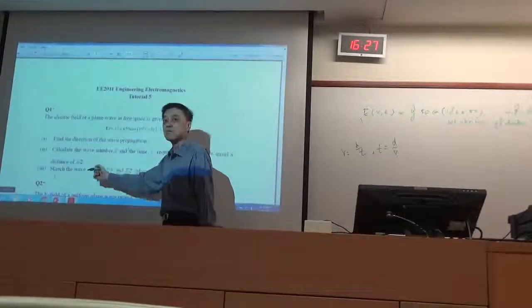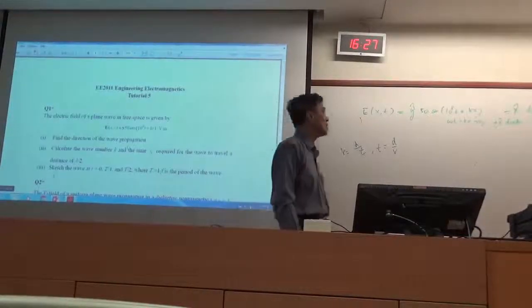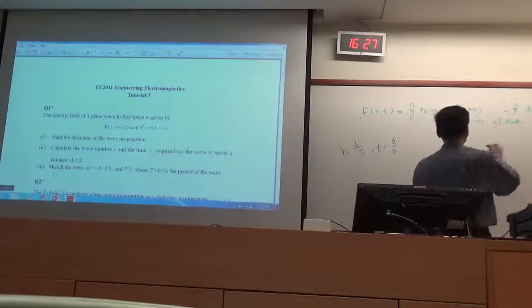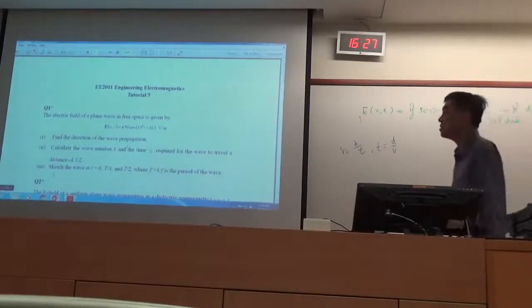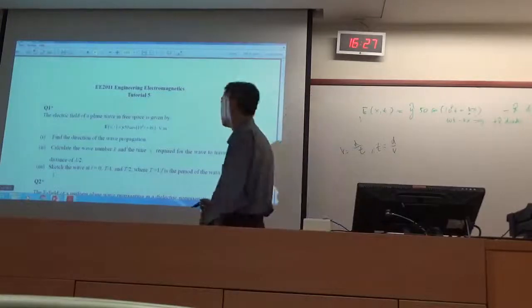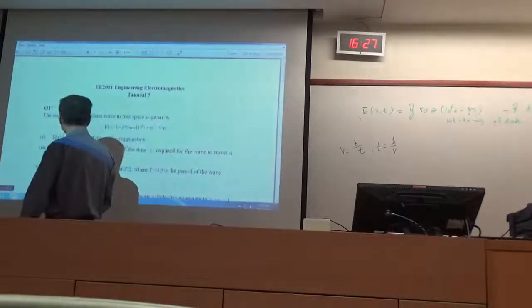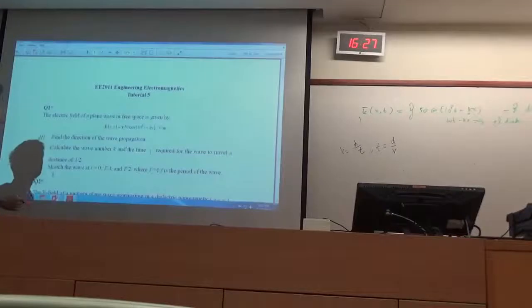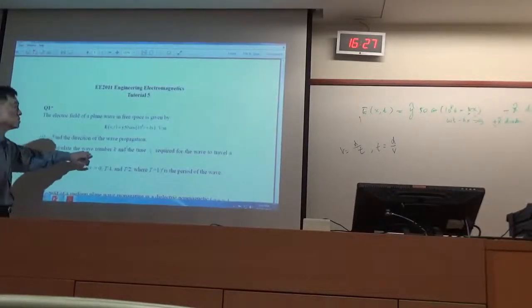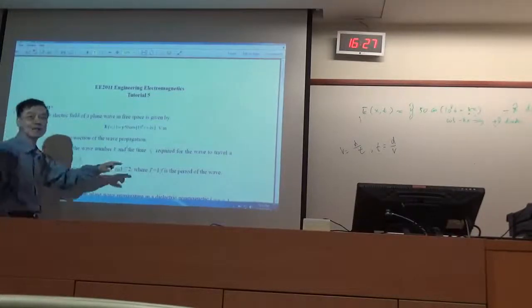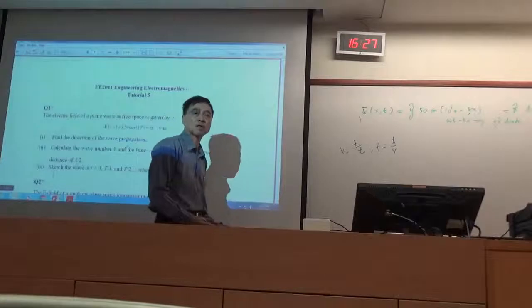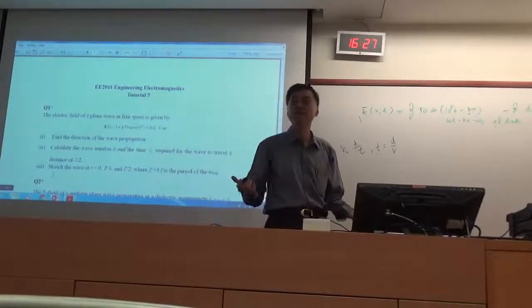And we have to find the wave number. What is the wave number? The wave number is k here, that we do not know. How do we find the value of k?